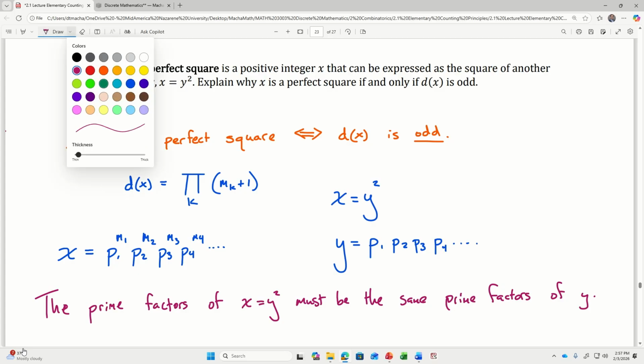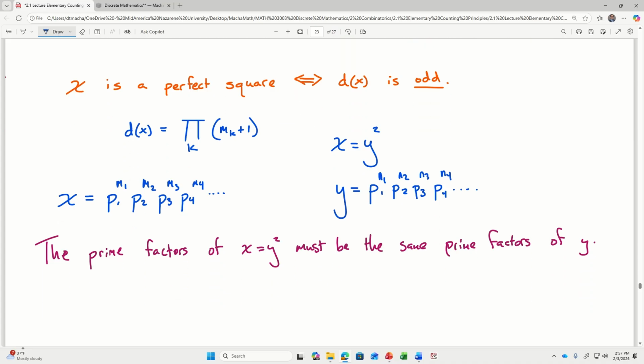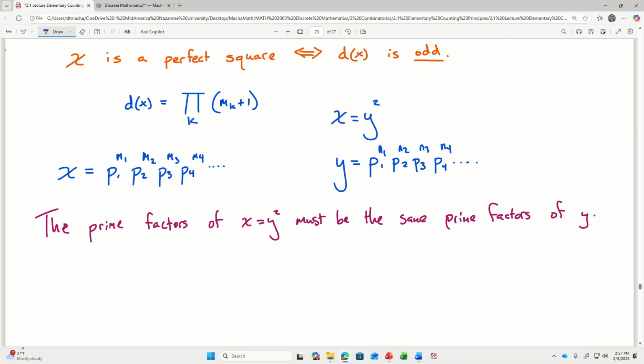And if we call the multiplicities on the y prime factorization n1, n2, n3, n4, what is the relationship between m1 and n1? How is m1 related to n1? m1 equals 2 n1.